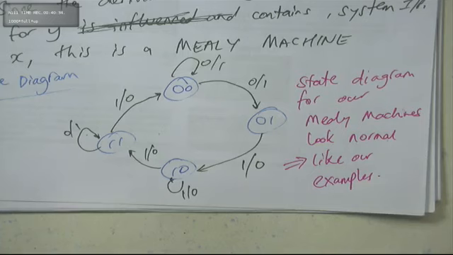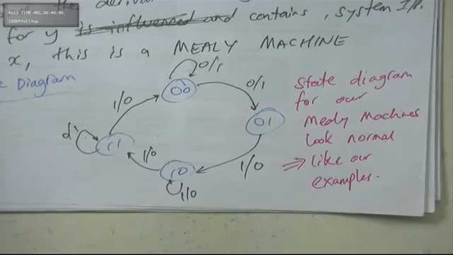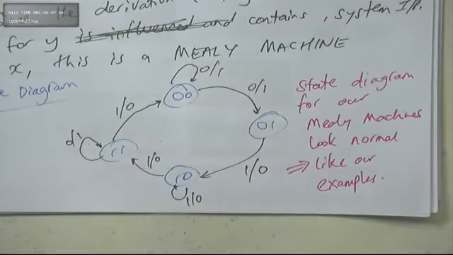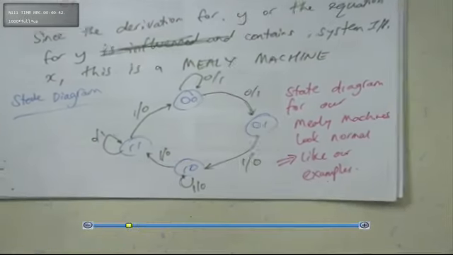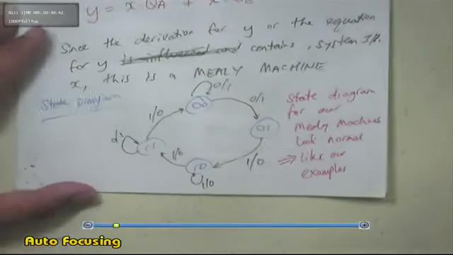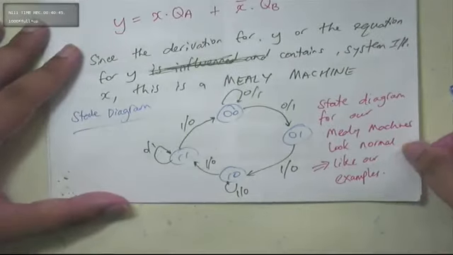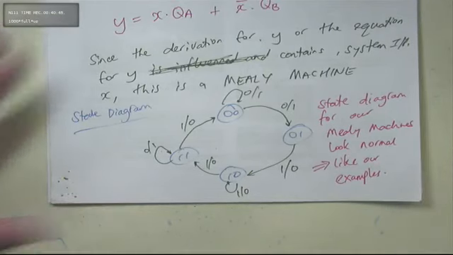I think that's where I made the error. So, Moore state machine. Let me give you time to note this down. If you're okay, we'll have a look at it in a short while. We'll do some in-class exercises from the notes.